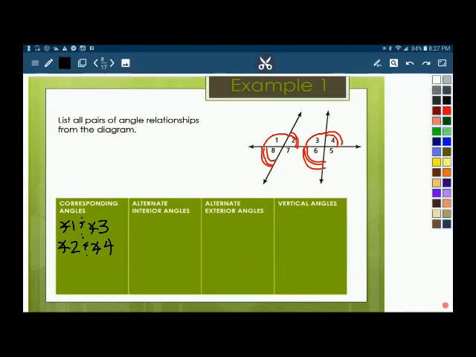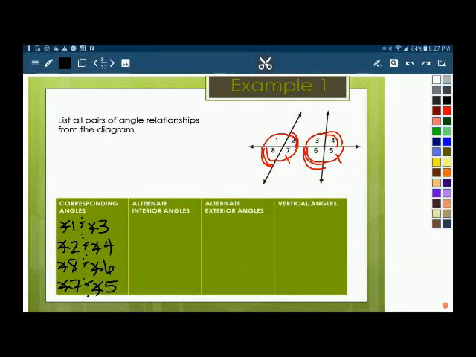Okay, so I'm going to list angle 8 and angle 6 as being corresponding. And then I have one last set of corresponding angles, angle 7 and angle 5. Angle 7 and angle 5 correspond to each other.